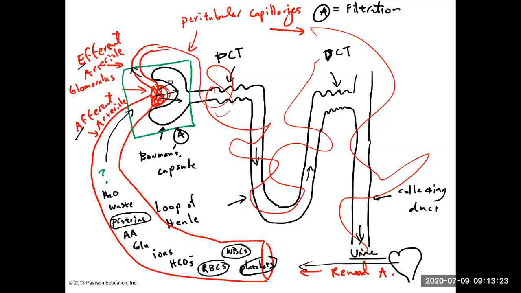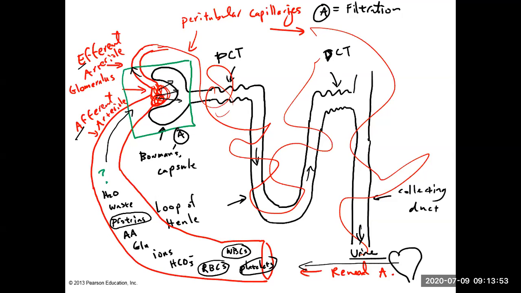If they cannot pass, what happens? They remain in our blood, doing their job, doing whatever they're supposed to be doing. By the way, proteins as well as ions can maintain osmolarity. That was a very important concept we learned in chapter 3. We further discussed this in the cardiovascular system as well.